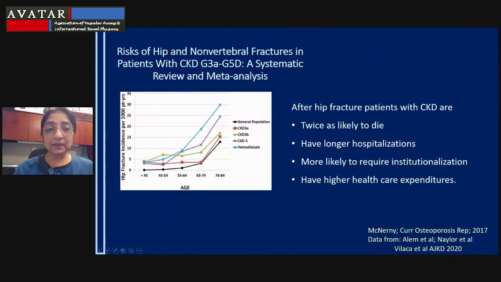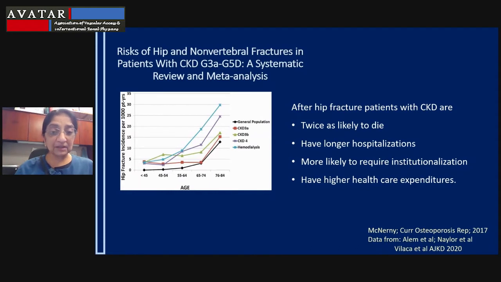So let's start with the risks of fracture and bone fragility in patients with CKD MBD. We are all very familiar with the fact that patients with chronic kidney disease have an elevated risk of fracture.